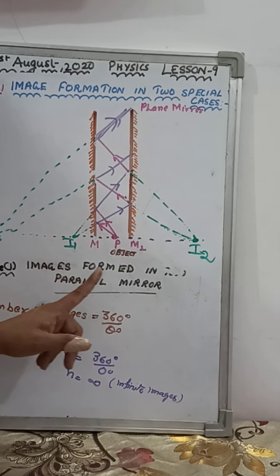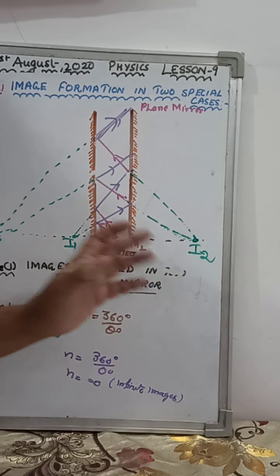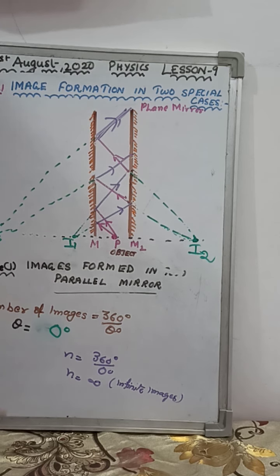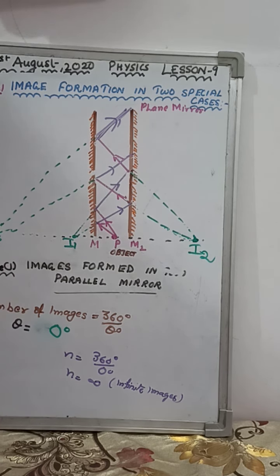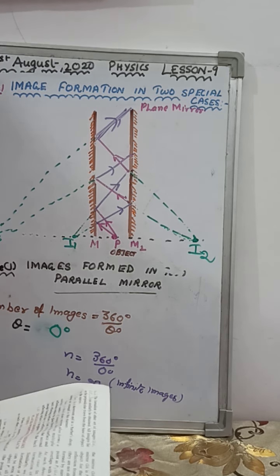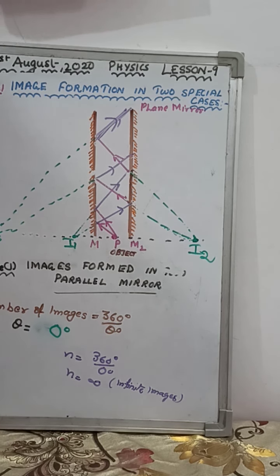I2 will be a little bit less bright. Then for I3 the brightness will decrease more, because at each reflection some light is absorbed. So a number of reflections will take place, and this way infinite images will be formed when two plane mirrors are parallel to each other and the object is placed between them.